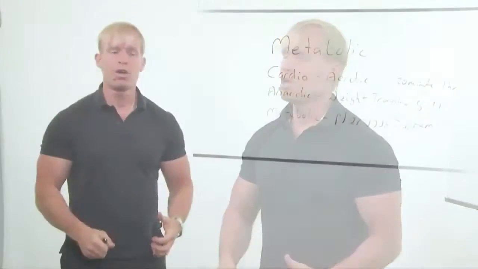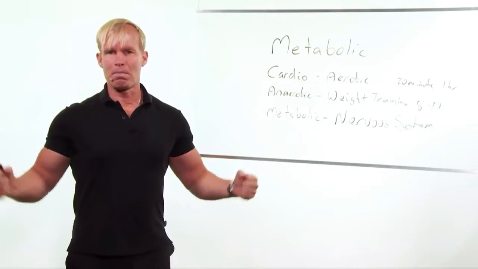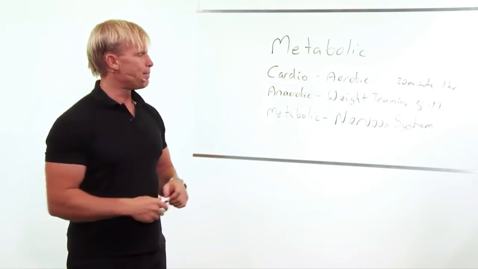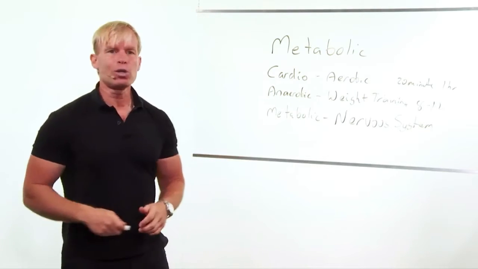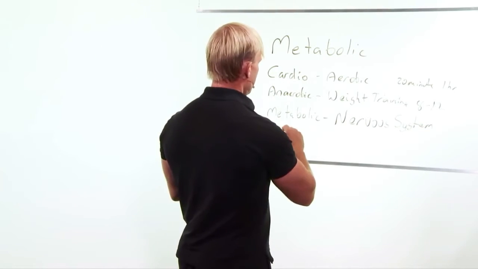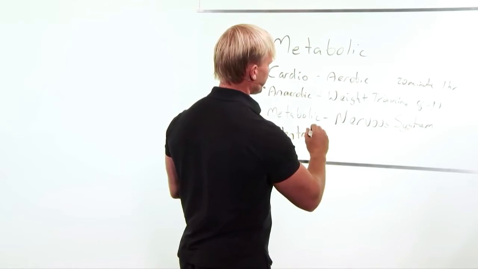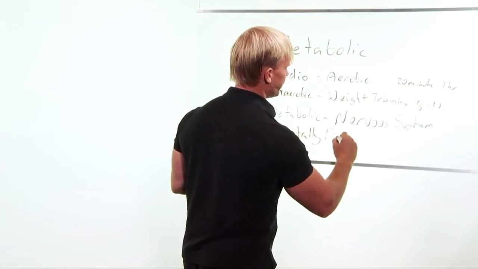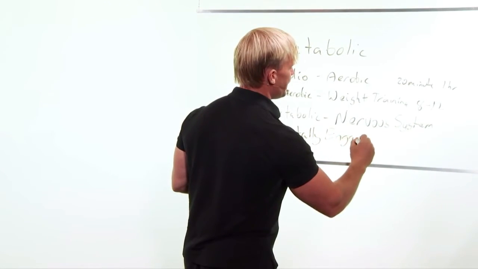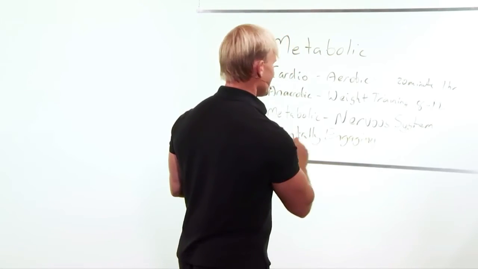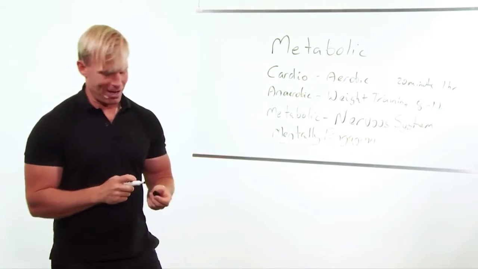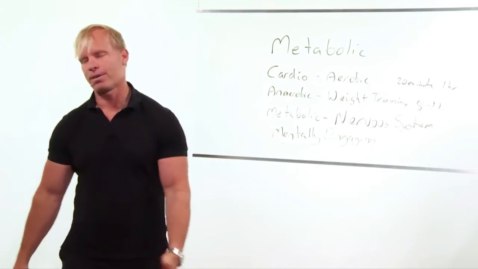You get better proprioception. The other thing is with a lot of metabolic training, you can use body weight stuff, or even light dumbbells or bands. That makes it a lot quicker. It's also very mentally engaging. That's one of the big aspects. In other words, maybe you're one of these people that go, oh my God, I got a trainer and I go to the gym and I'm so bored.